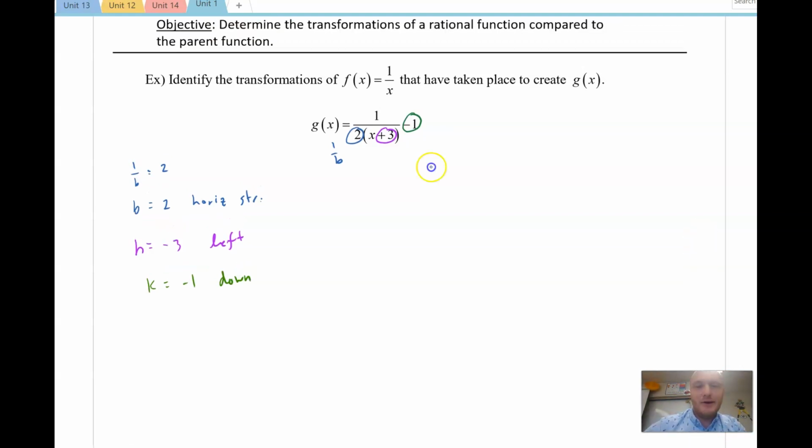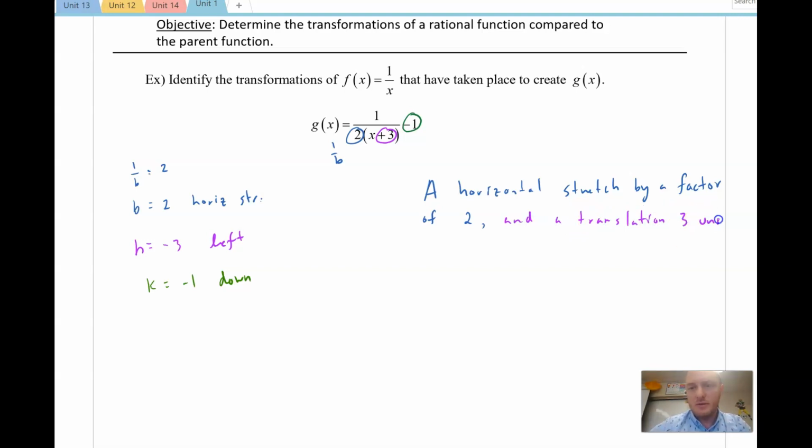Okay, so we have a horizontal stretch by a factor of 2, comma, and a translation 3 units left.